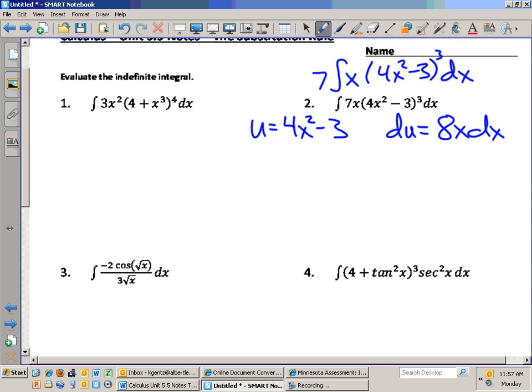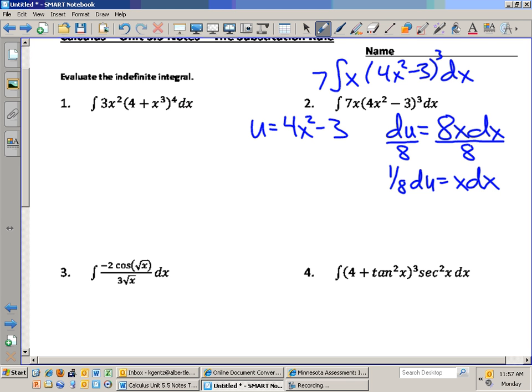I have this exact piece right here, except I don't want this 8, right? So I divide off the 8. So I have 1/8 of du is equal to x dx.